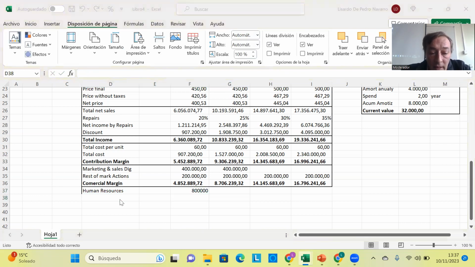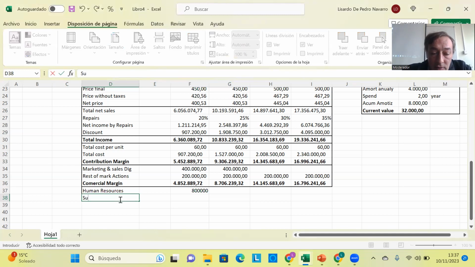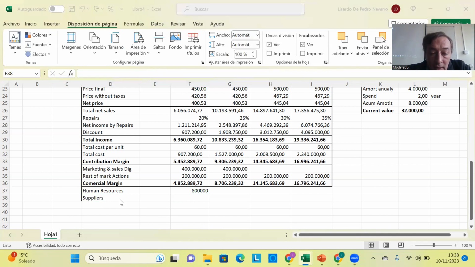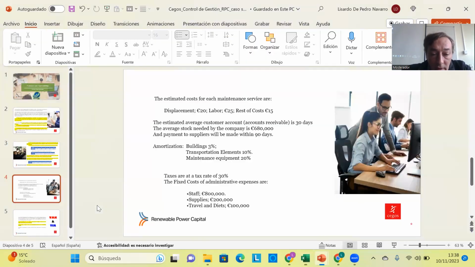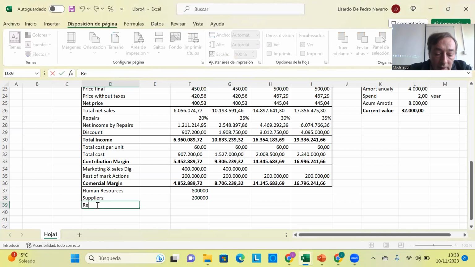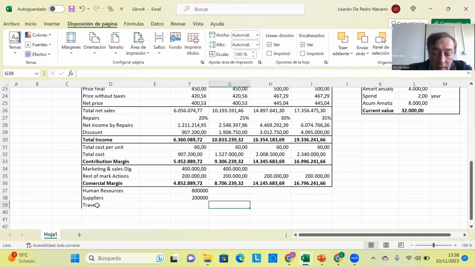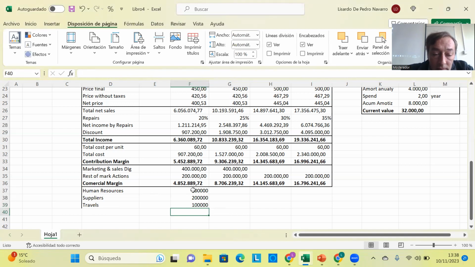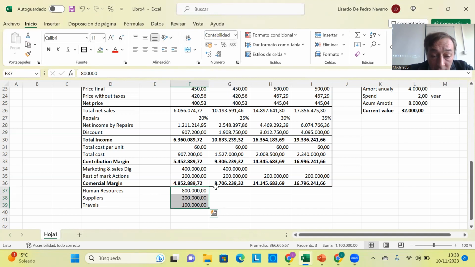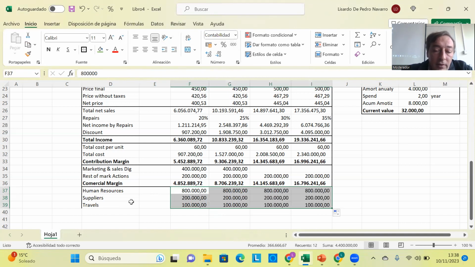The next one is suppliers, that is going to be 2,000. And the third one is travels, that is going to be 100,000. We put the format and copy the rest.